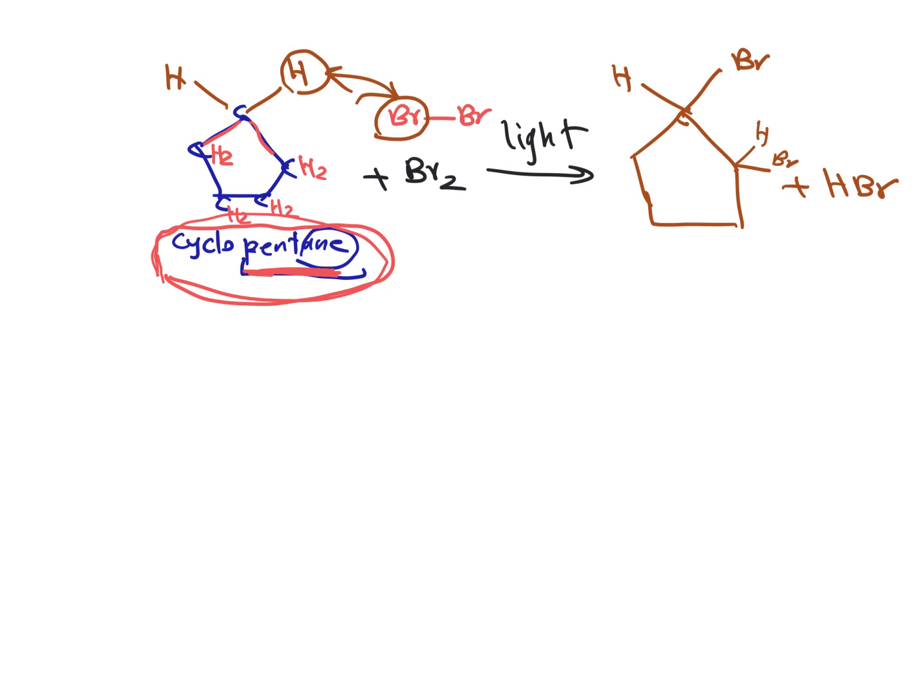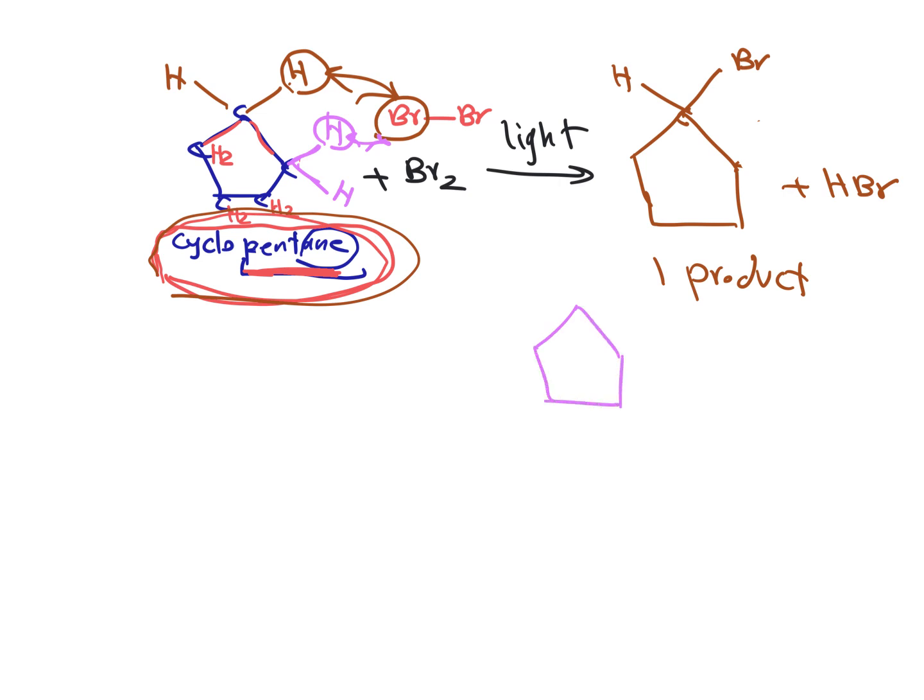So that's why there is only one product possible when we have monobromination of cyclopentane, right? Even if you substitute this Br with this hydrogen, and then we write the structure here, it would be one Br and then hydrogen. If you again rotate the iPad, you get the same structure, okay? And that's why there is only one product possible.